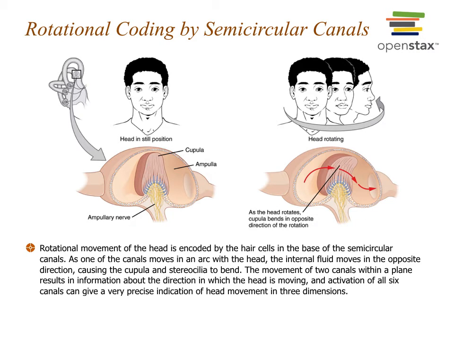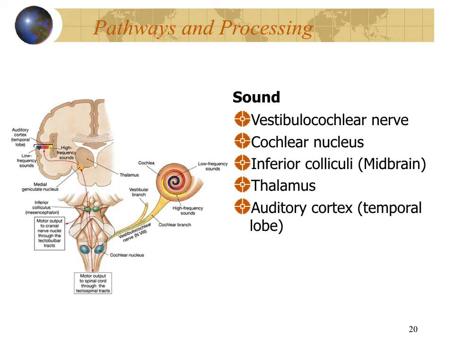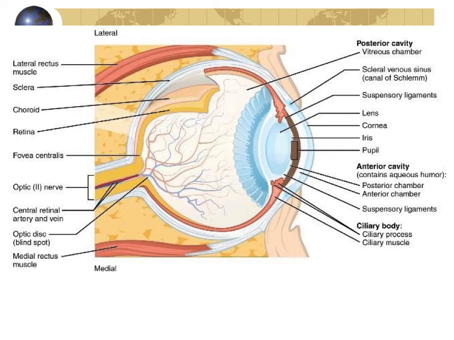That happens in the semicircular canals. These signals go from the structures in the inner ear by way of the vestibulocochlear nerve to the cochlear nucleus in the brainstem, to the inferior colliculus also in the brainstem, and then the thalamus, and then the temporal lobe.